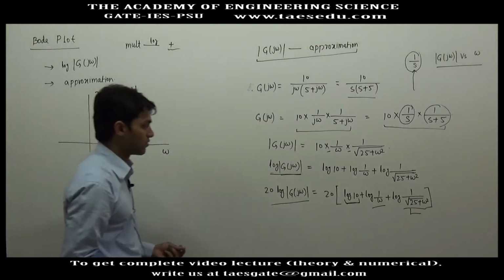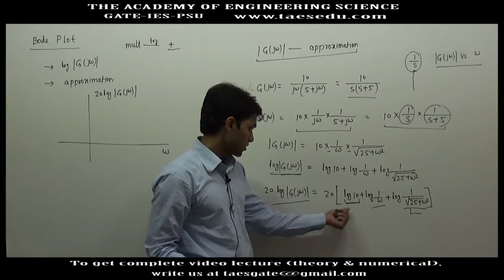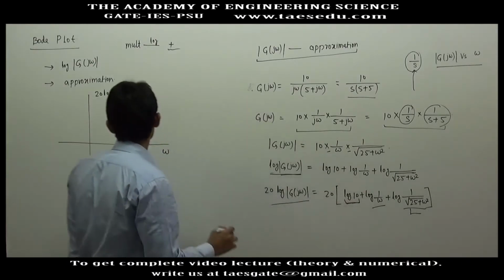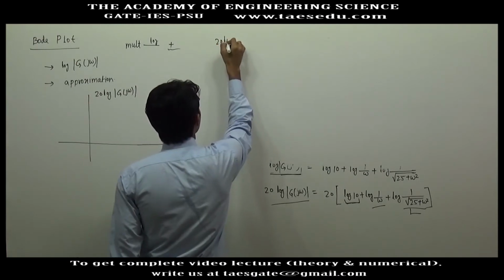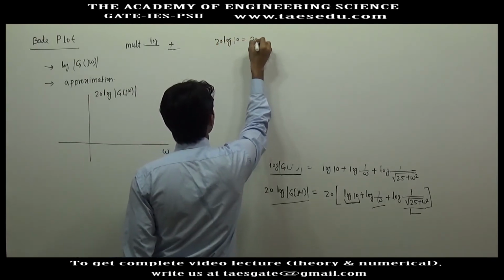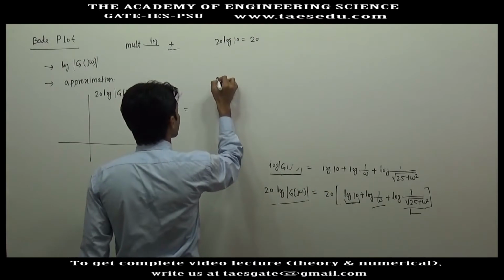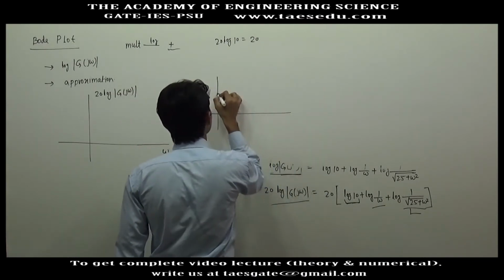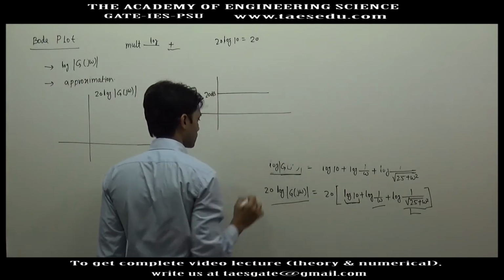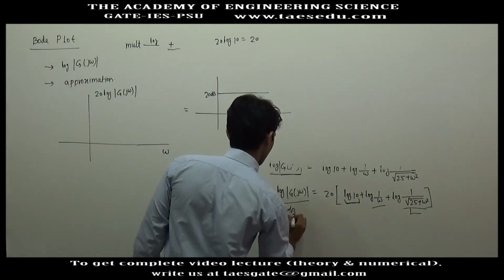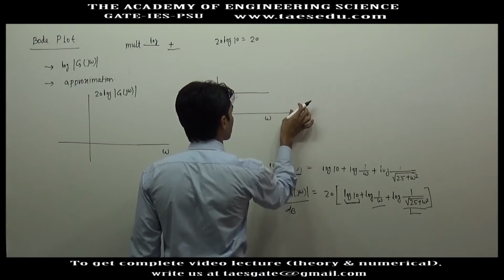So first we need to get graph of 20 log 10. What is 20 log 10? 20 log 10 will be nothing but 20. This is a constant. So we will get 20 dB constant here. This will give you dB versus ω.